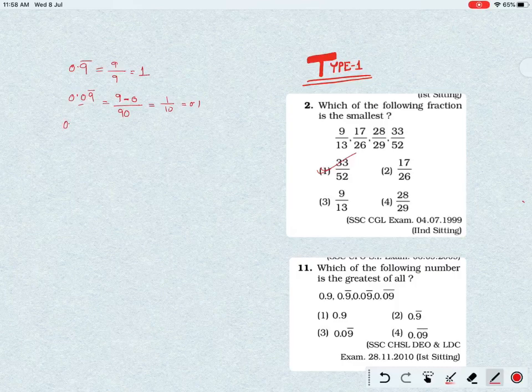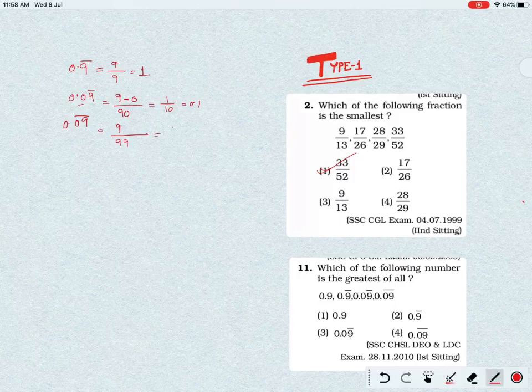Then 0.09 whole bar. What does this mean? This means 9 divided by 99, since we have bar over the 2 digits, so we'll give 2 nines.